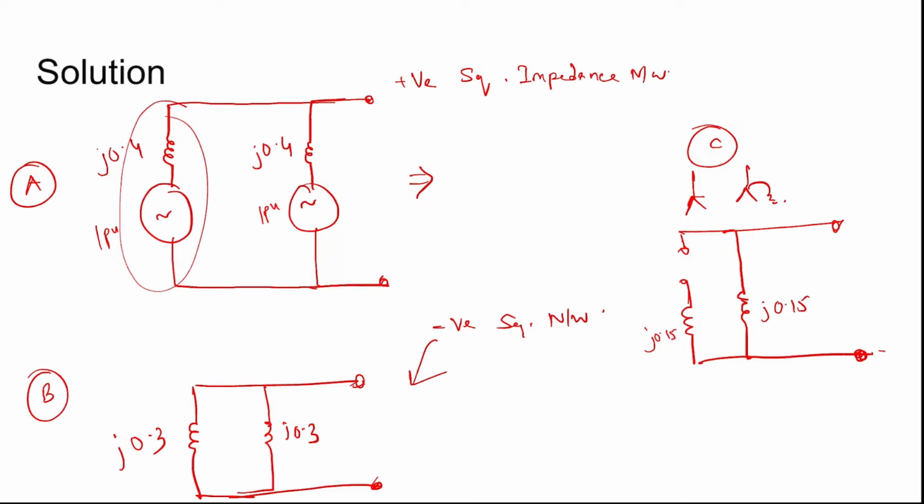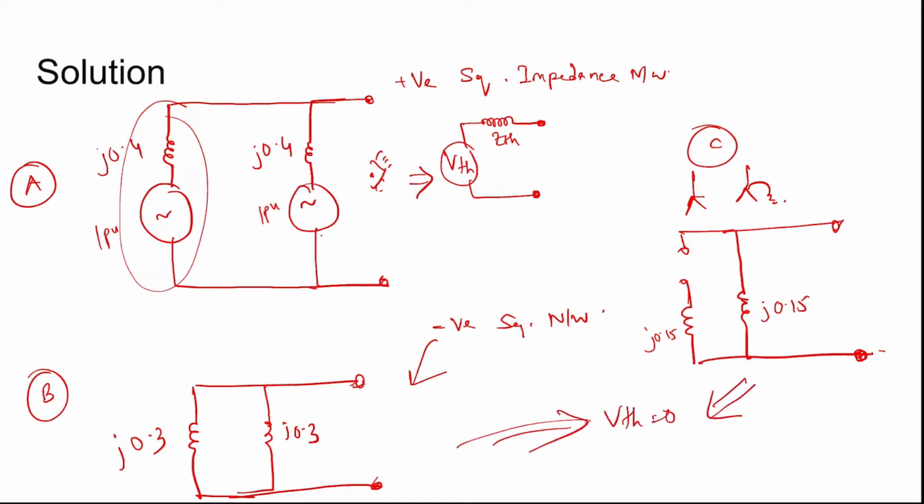The Thevenin equivalent can be found by deactivating the active sources and looking from this side, with VTH and ZTH like this. In these two, VTH will be 0. For the second circuit, ZTH2 is j0.15, and for ZTH3, VTH is 0 and ZTH3 comes out to be j0.15.